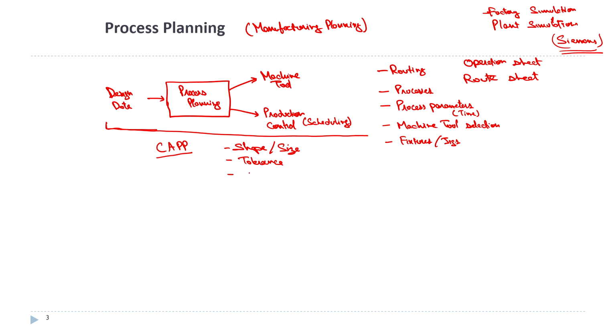Then surface finish, the material type. This is the kind of material or product that you are trying to work upon. We can also have quantity here.